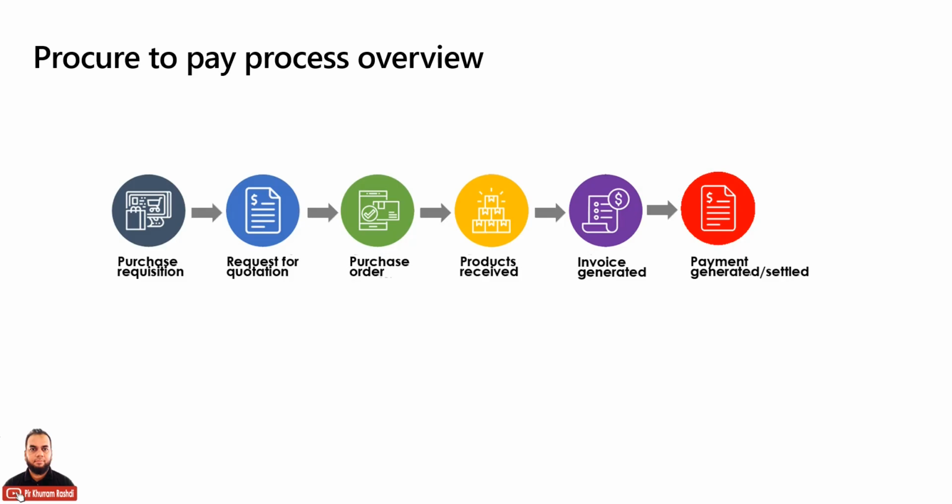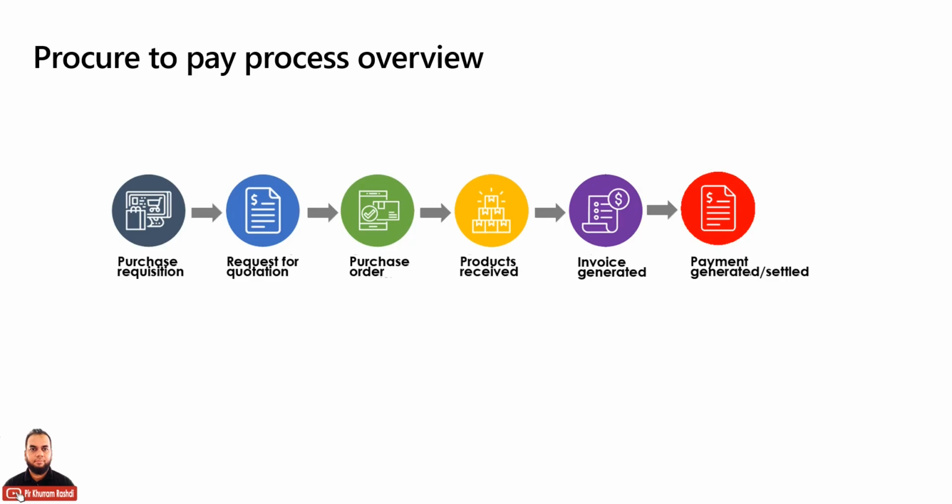A purchase requisition is a document which tells the ERP system that an item, material or service is needed in the company or legal entity, and it can be raised by anyone who is authorized or has the correct role.